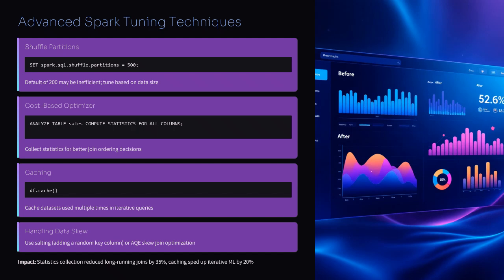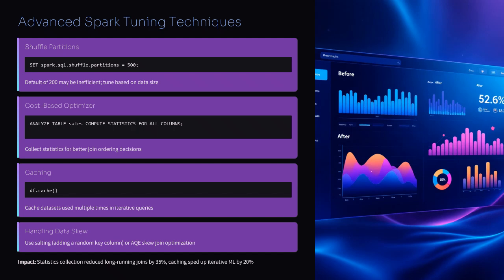Next, the cost-based optimizer, or CBO, plays a vital role in query planning. By collecting detailed statistics on your tables, such as data distribution and cardinality, via commands like analyze table, Spark can make smarter decisions about join orders and data movement. This can significantly reduce query times.